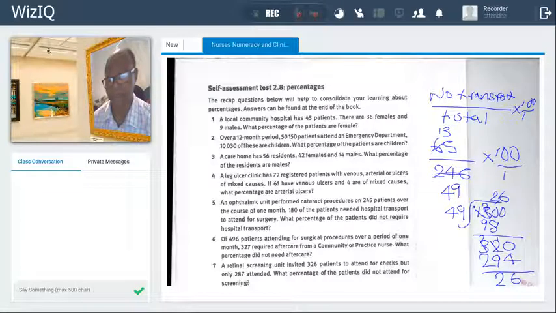And 49 into 26 doesn't go, so we put a decimal place there. We add a 0 here. It's 260. If we try 7, 7 times 4 is 28, so that's too far.